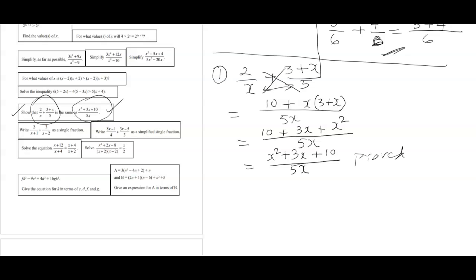Okay, I'm going to do this number 2 now very quickly, otherwise the video will be so long. 2/(x plus 1) plus 3/(x minus 2). I could have gone through the basic understanding of fractional simplification.